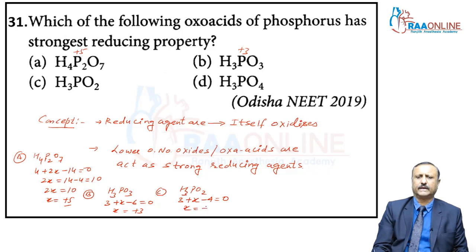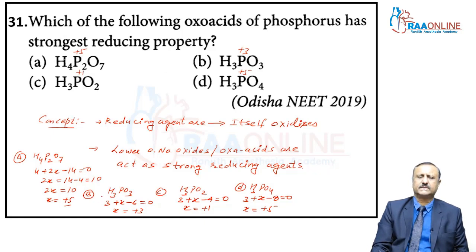Then x is equal to +1. Now if you go to H3PO4, 3 plus x minus 8 is equal to 0. Then my dear students, x is equal to +5.